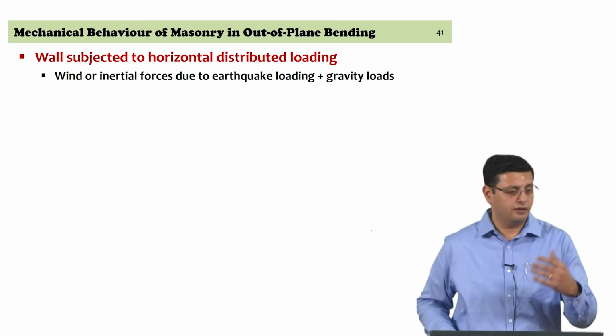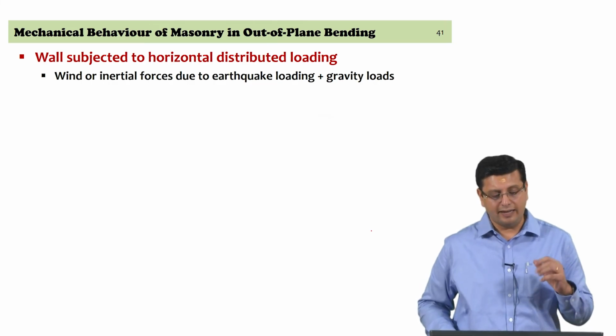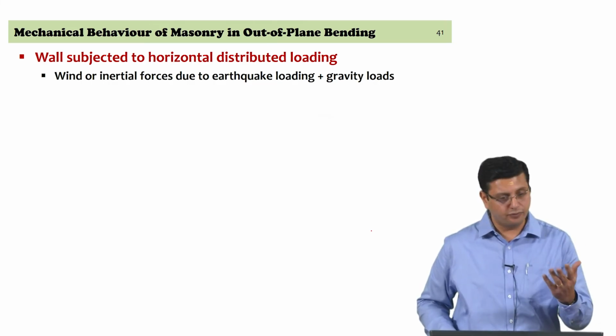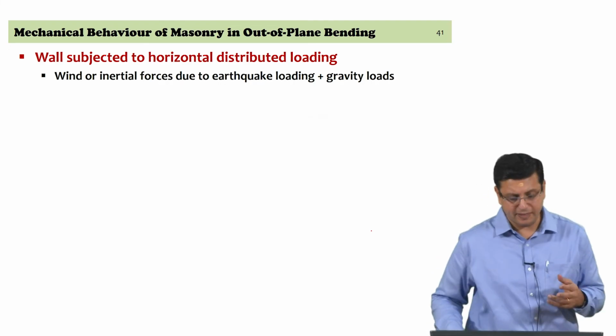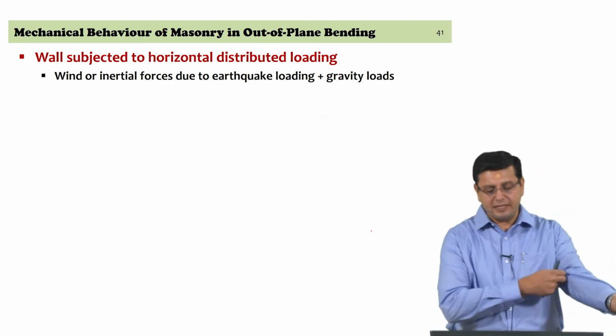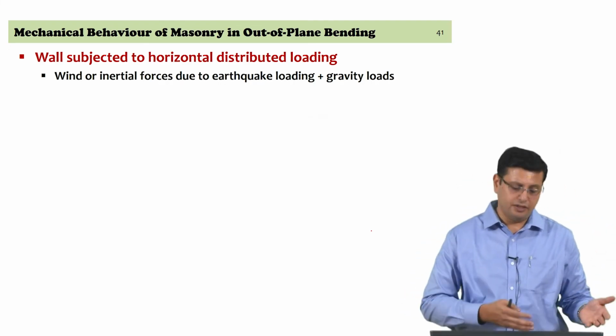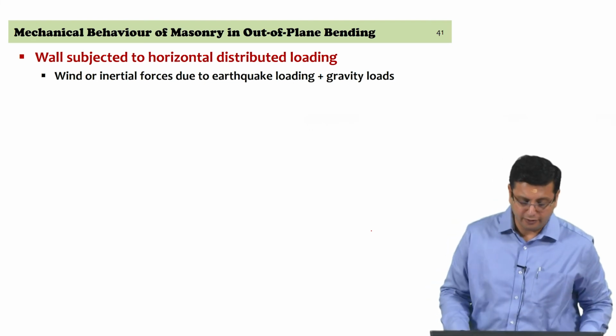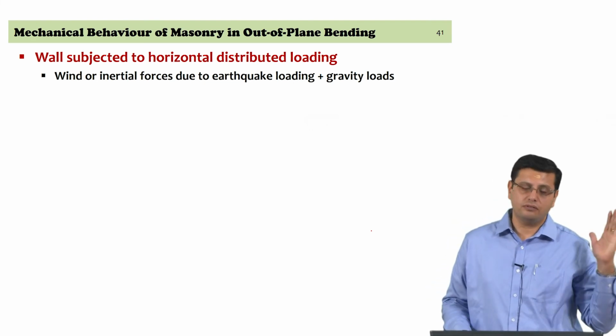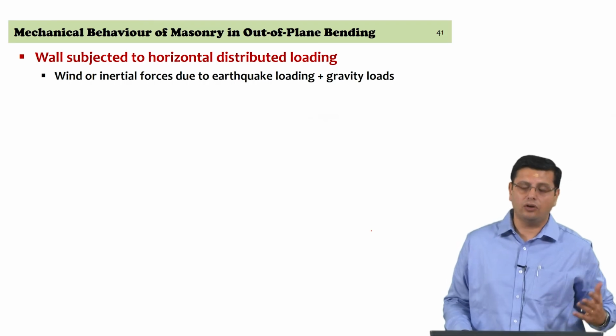Of course, we can idealize it as a concentrated force when we do seismic analysis, but basically the inertial force is a distributed force, or wind forces, air pressure on a wall.